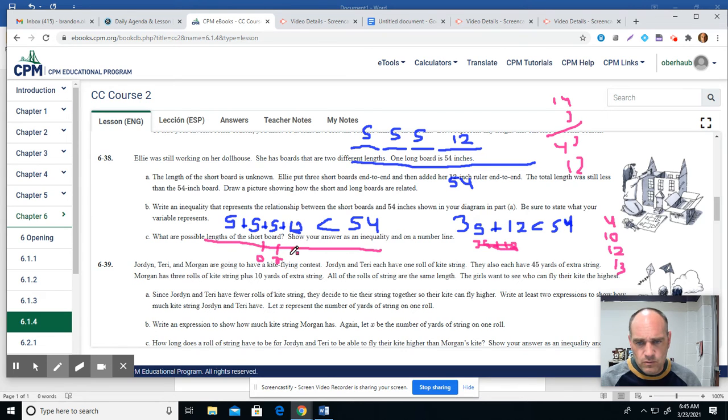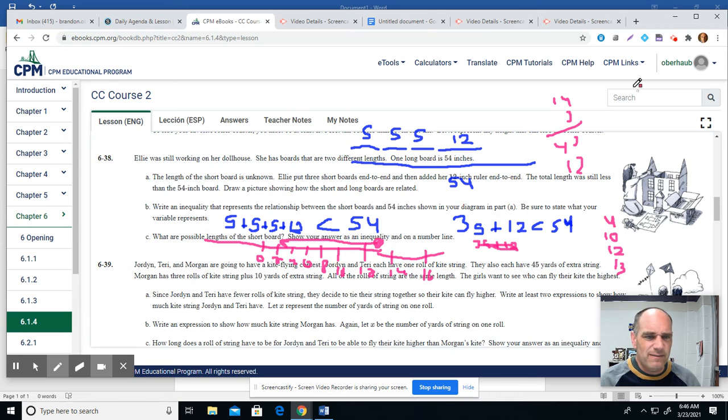So 2, 4, 6, 8, 10, 12, I should have made it longer, 14, 16. I'm going to choose any number that is less than 13. So here's my 13. I'm going to put my circle. 13 worked, I know that. And then I can just shade left. That will give me an idea that that works.